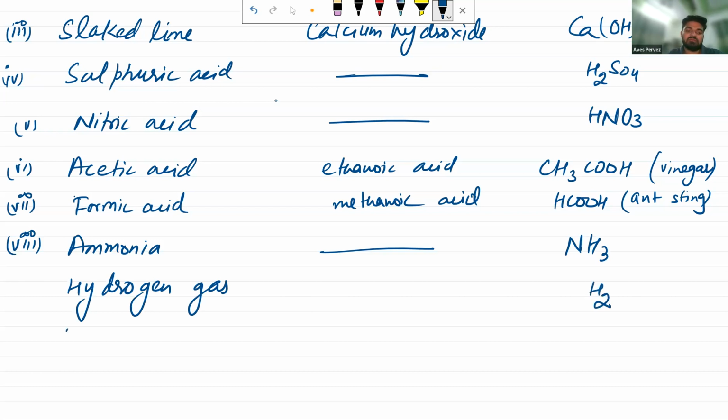Nitrogen gas is N2, not N. Okay. Other than them, note it down, please.